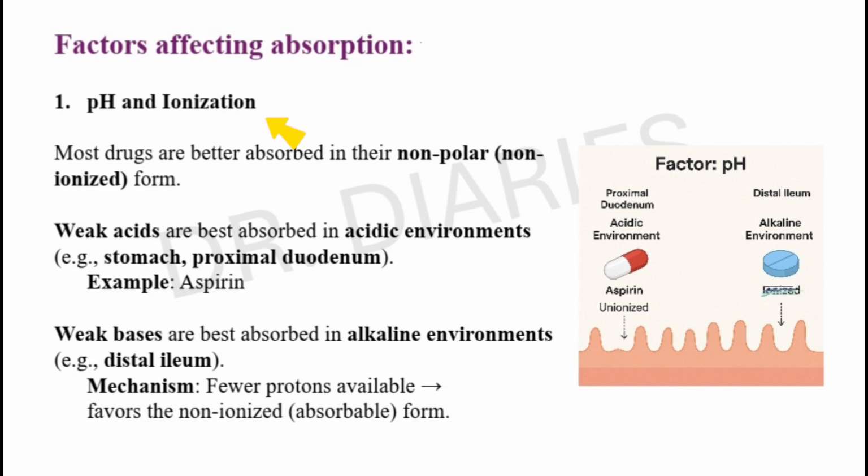Ionized drugs are water-soluble but not lipid-soluble, so they're poorly absorbed. Weak acids, e.g. aspirin, are better absorbed in the acidic stomach. Weak bases, e.g. morphine, are better absorbed in the alkaline intestine. Mechanism. Based on the Henderson-Hasselbalch equation, pH affects the ratio of ionized to non-ionized forms.